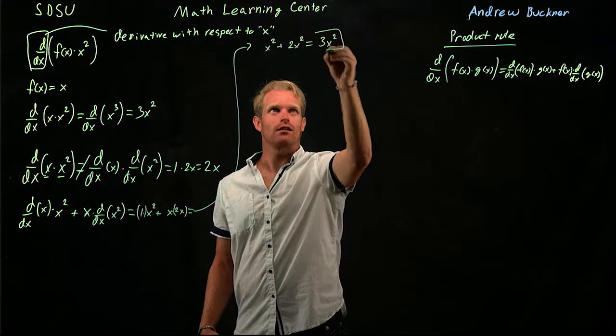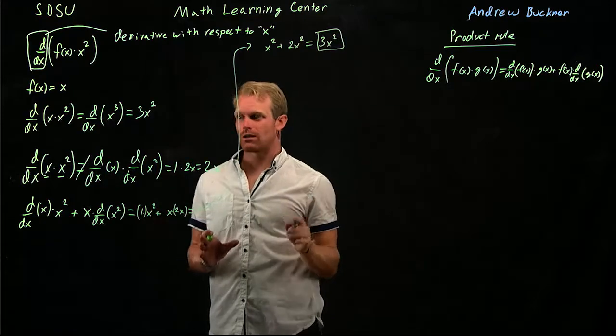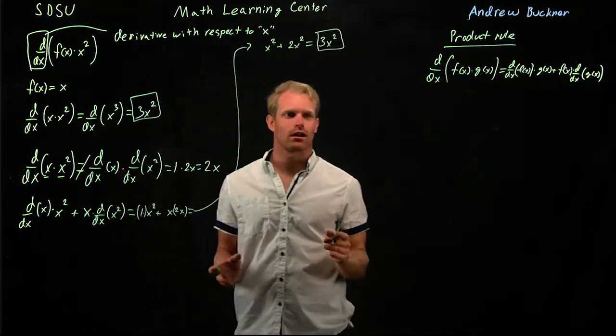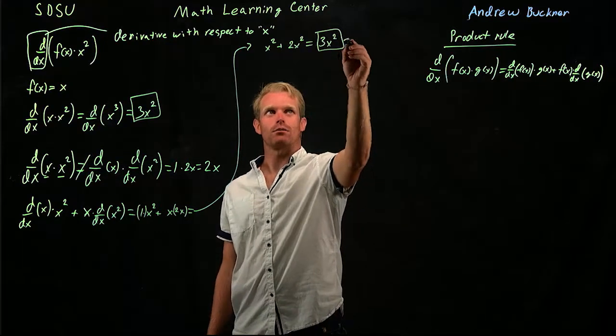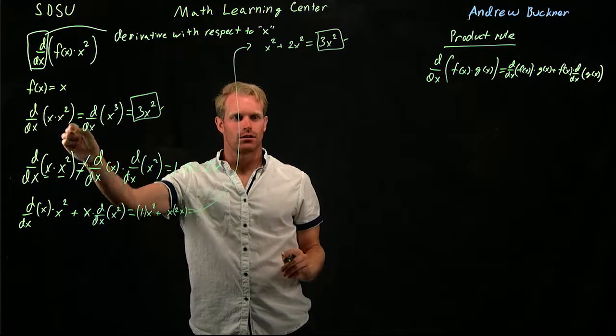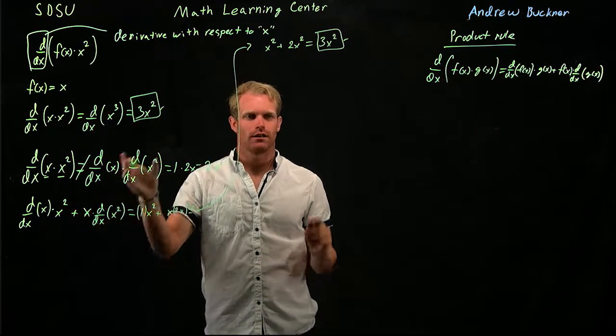And that looks really nice because then we just proved that both methods work and that we get the same answer, either doing the product first or doing it by the product rule and then taking the derivative.